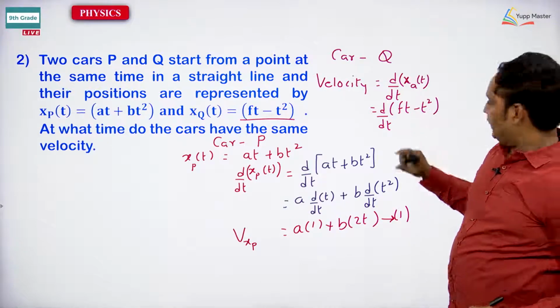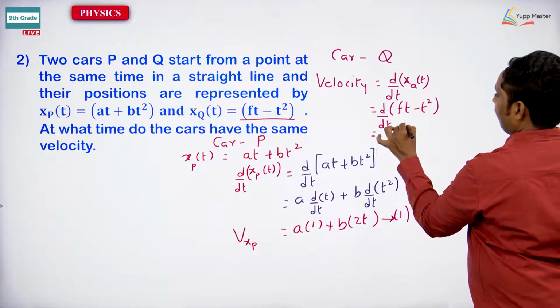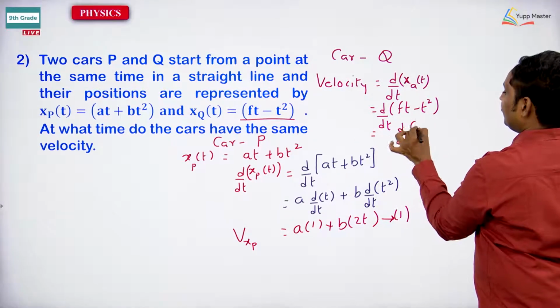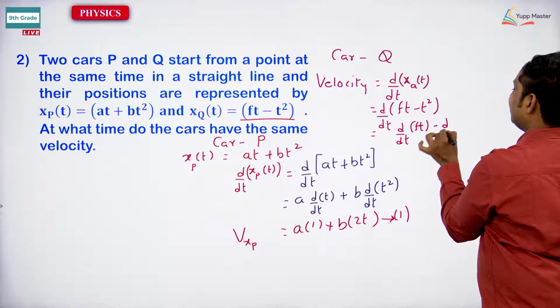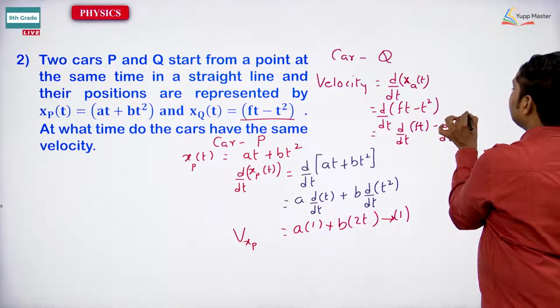It is going to be split into d by dt of f t minus d by dt of t square.